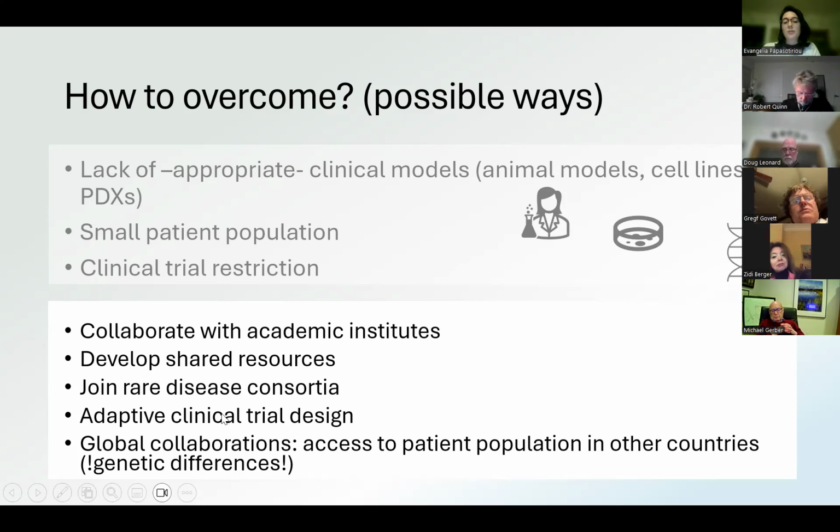Usually they follow adaptive clinical trial design, and the establishment of global collaborations helps you to have access to patient populations in other countries, while this usually also requires significant research maturity due to genetic differences.